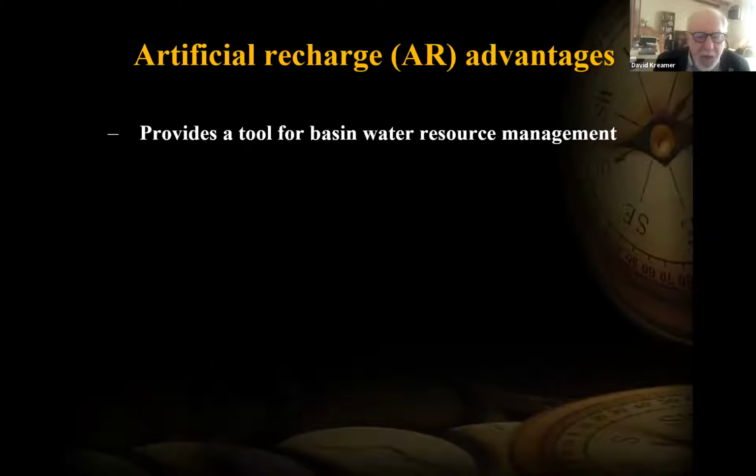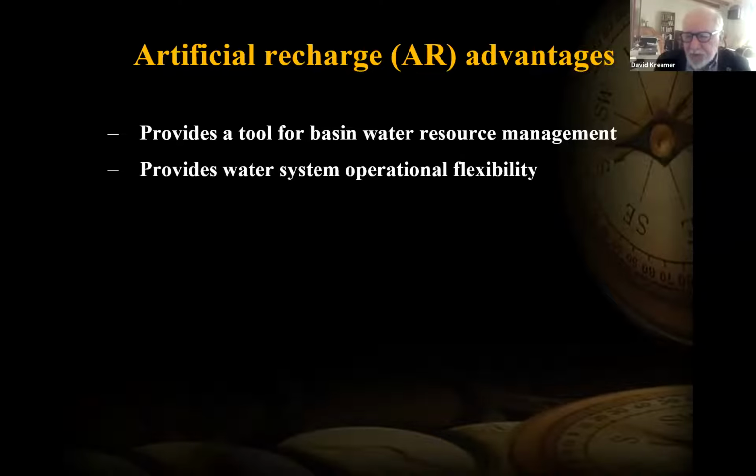So the idea of harvesting water and putting it underground is sometimes called managed aquifer recharge or artificial recharge systems. And there are many advantages to this. It provides a tool for basin management, and it's very flexible as far as operational flexibility when you put water underground. Essentially, you take surface water and you store it, sort of like money in the bank.